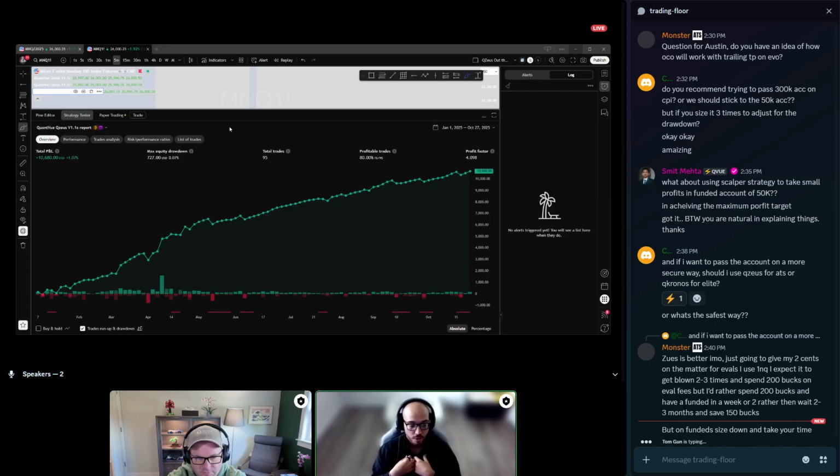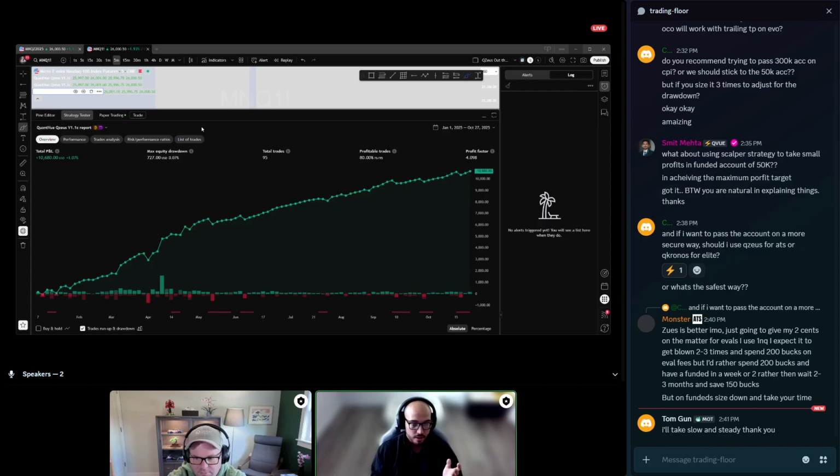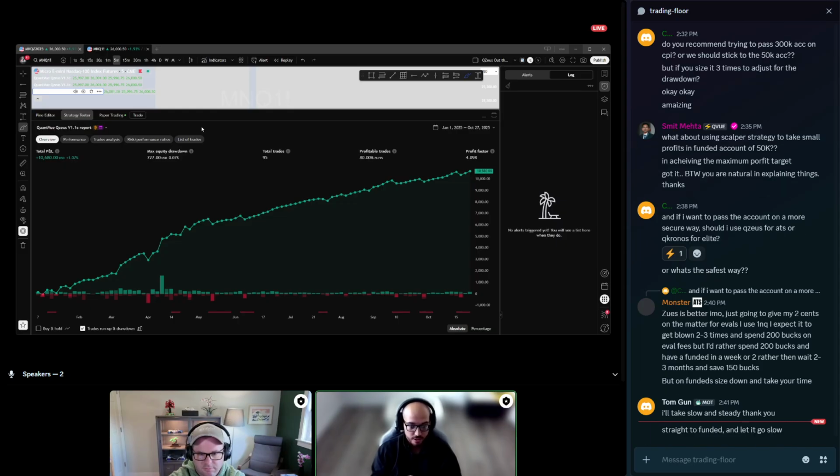We can't control what you guys do with our algorithms. If you put this algorithm on your PA accounts or on your cash account, and you're trading 5 mini contracts, and one loss breaches your account, that's not the algorithm's fault. That's your fault because you're not attributing size to the profitability of the algorithm.